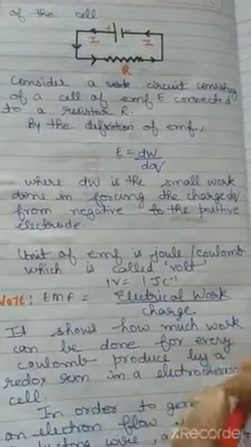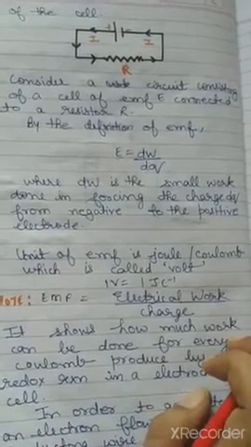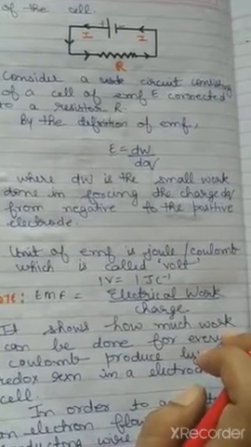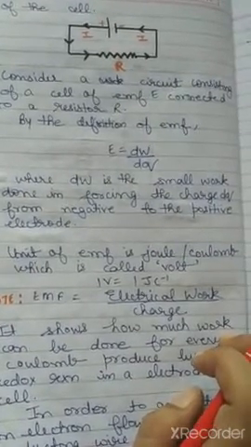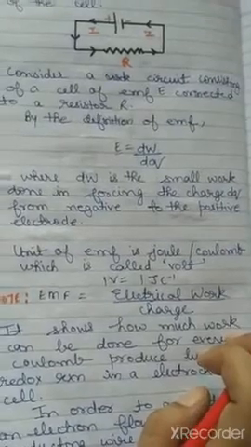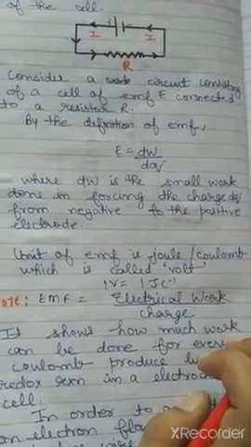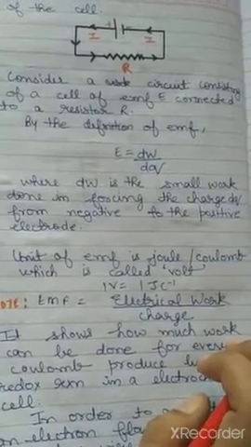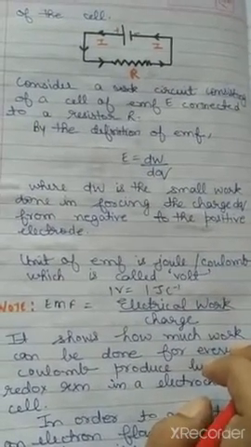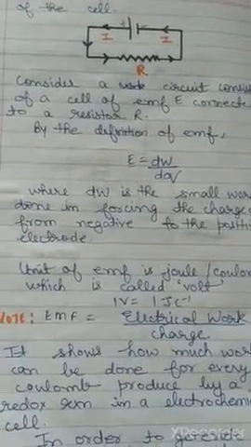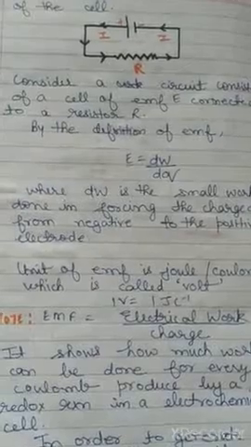Now you all know how many electrons are there in 1 coulomb of charge, because the charge of one electron is equal to 1.6 into 10 raised to the power minus 19 coulomb. So 1 coulomb of charge has how many electrons?